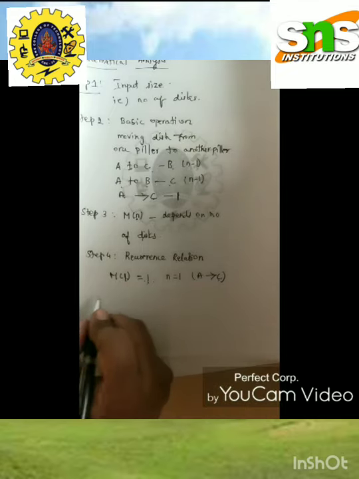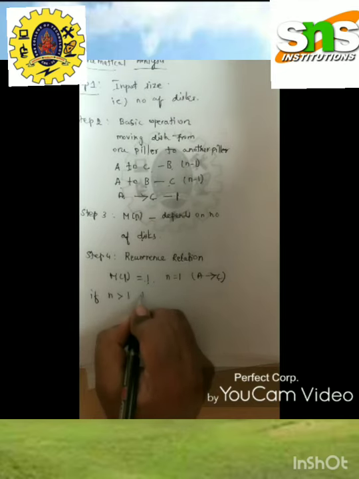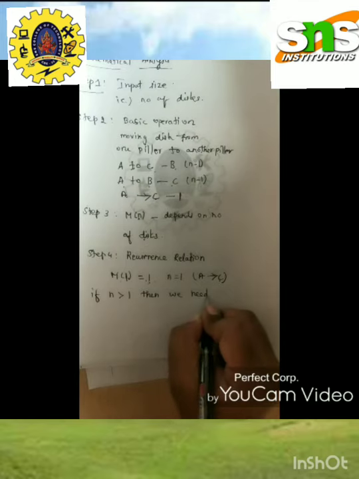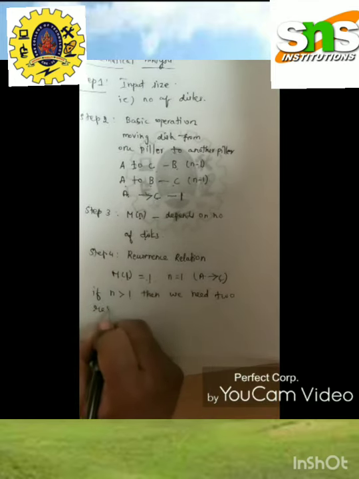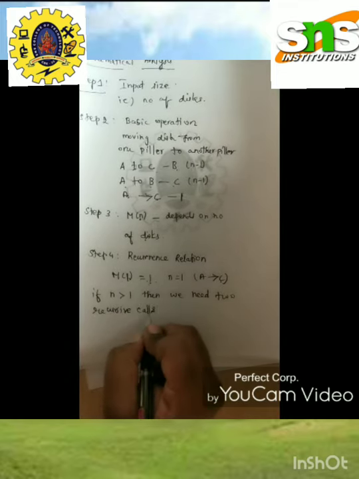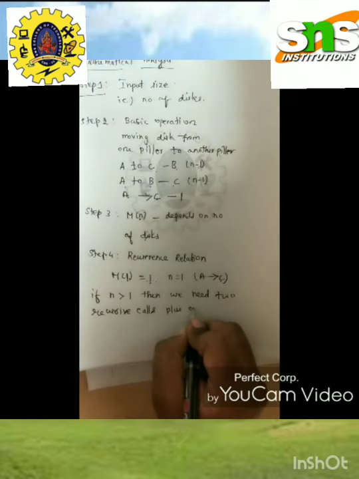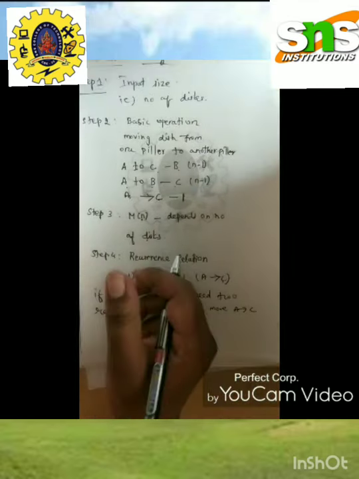If n is greater than 1, then we need 2 recursive calls plus one move from A to C. I will show the algorithm here.